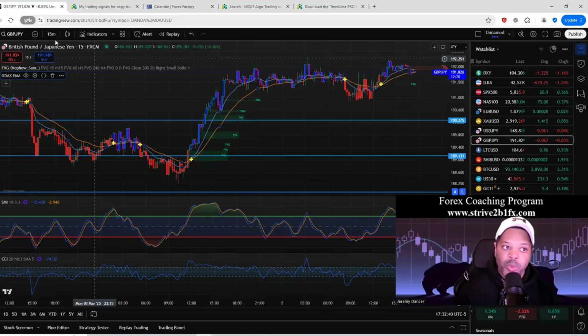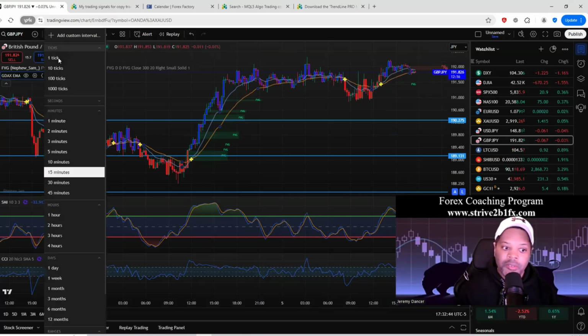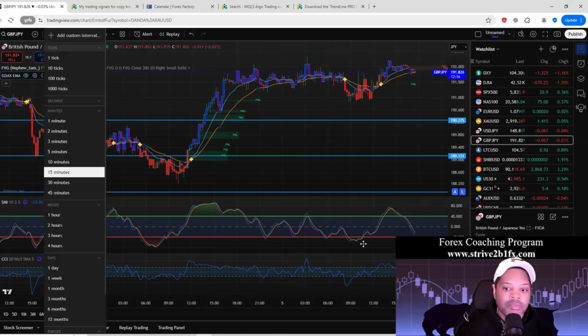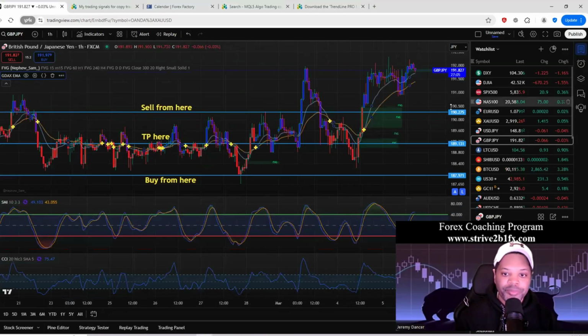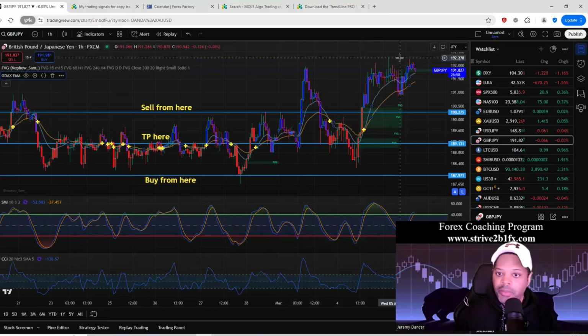Now, if we go to the 1 hour time frame, let's see what that says. Okay, so it still has it at a buy, but we can see the high at 182.290. So the cool thing about this is between GDAX and Trendline Pro, I already have my targets.